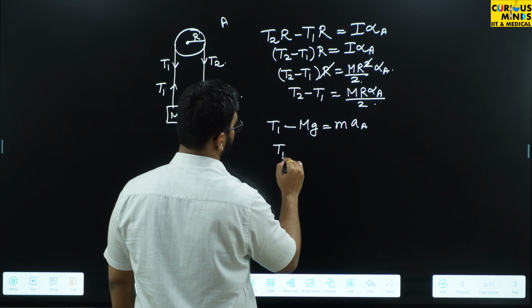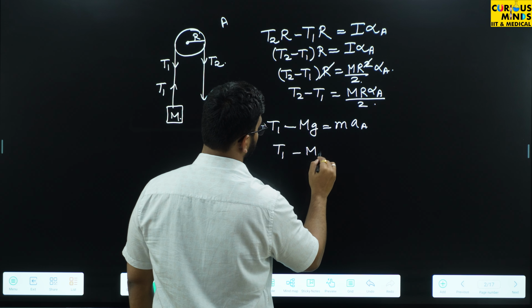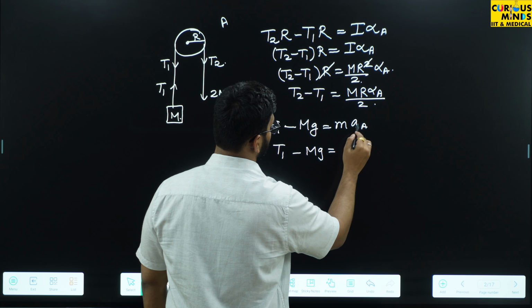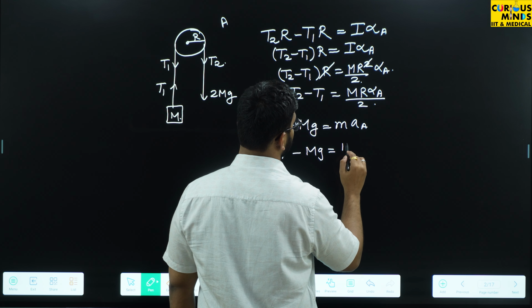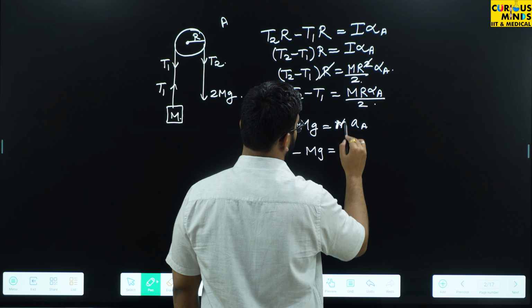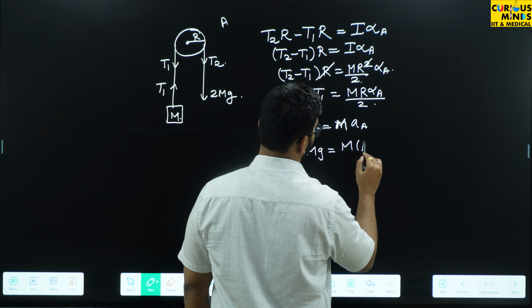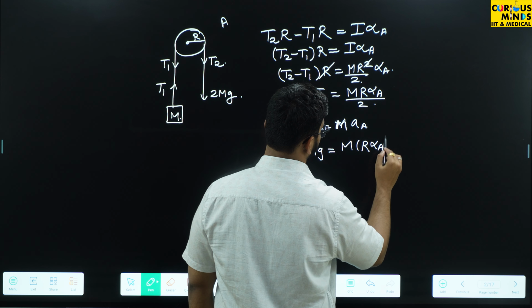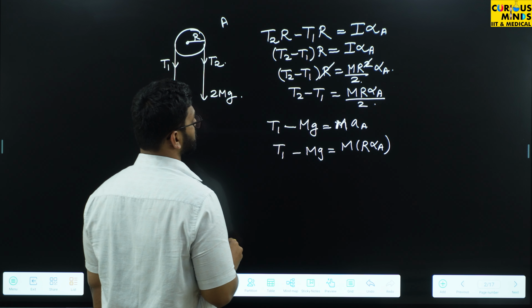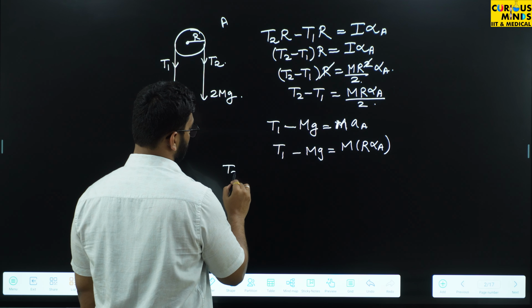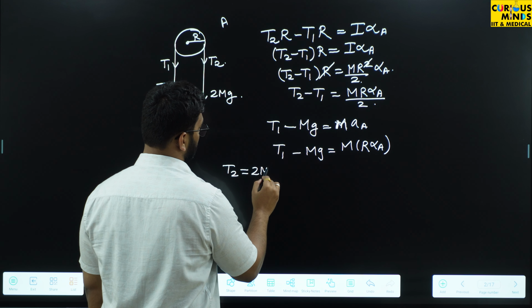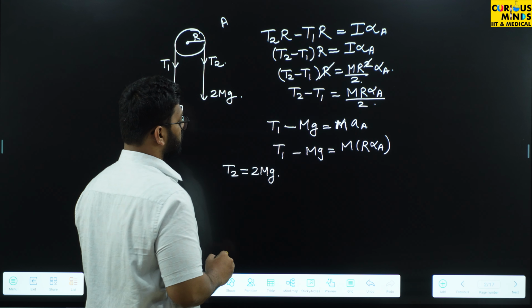So T1 minus mg is equal to m into R alpha A, since a can be written as R alpha A. Now T2 is 2mg.